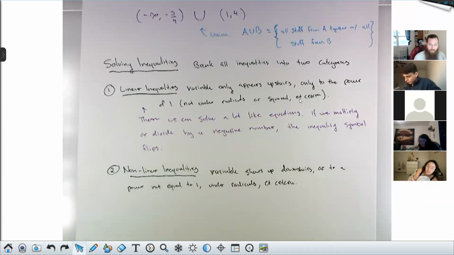I'm going to go over the details of why we must solve these differently than how we solve linear inequalities when we talk about polynomial and rational inequalities a little bit later.